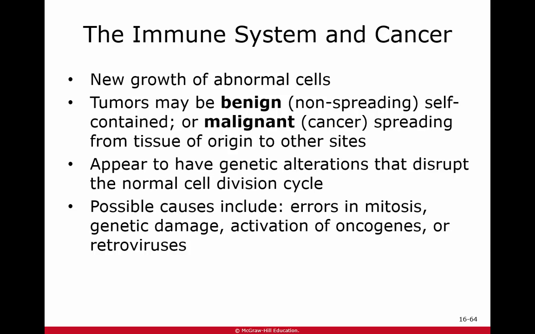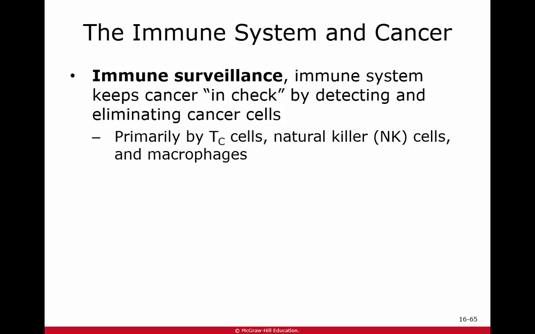And causes can be anything from errors in mitosis to genetic damage to activation of the oncogenes or the retroviruses. Now, your immune system is constantly surveilling and checking to find cancer cells and eliminate them. And this is primarily done by your cytotoxic T cells and your natural killer cells and the macrophages.